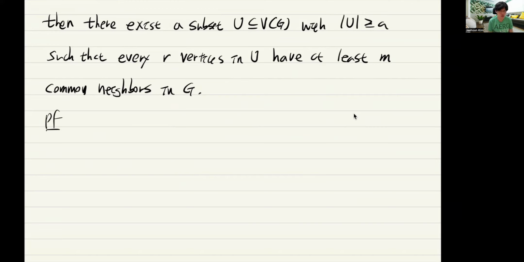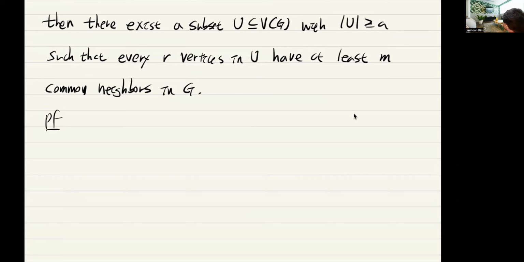We want to choose this set U in a random way. But if we just choose a subset of R vertices uniformly at random, then this does not hold.